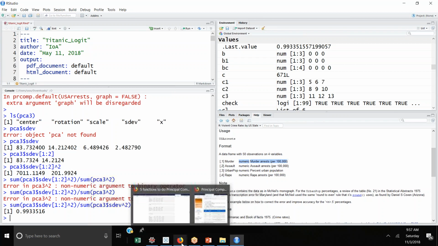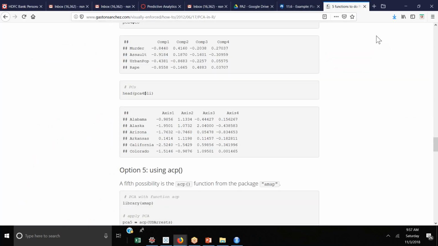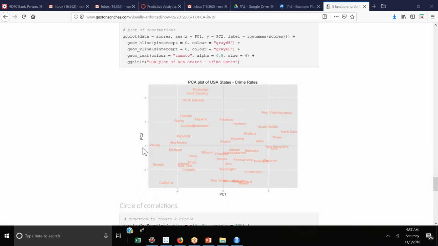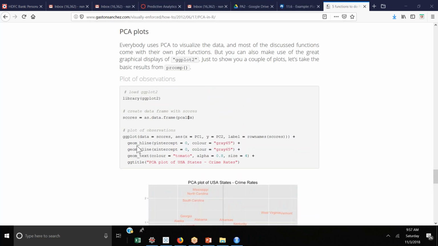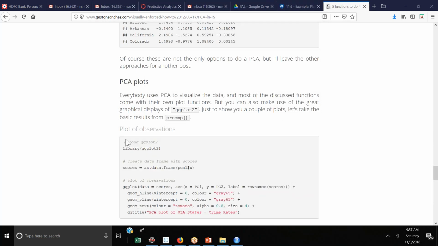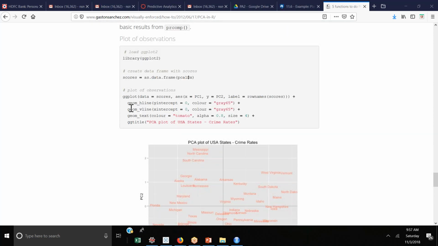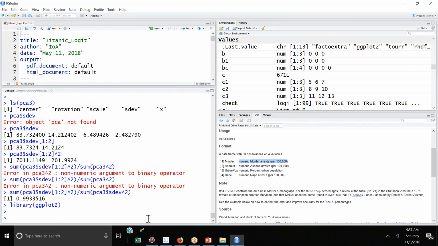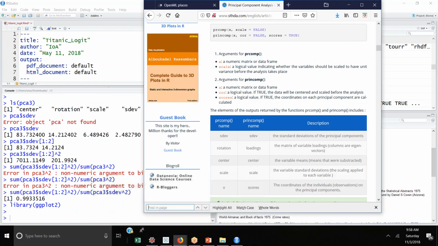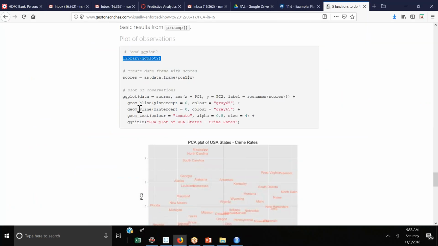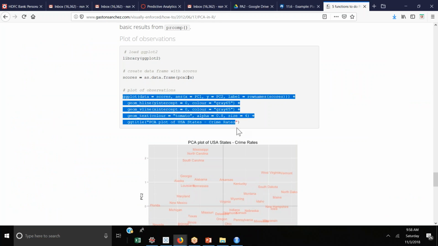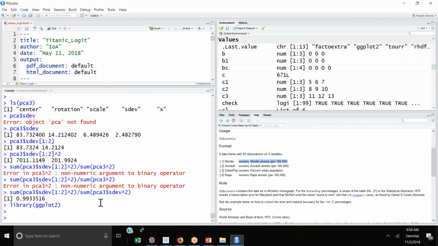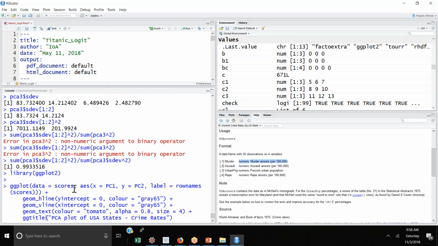Now I want to conclude this with a graph, because it's easy to do. For that, data put scores. Let's see whether this works. ggplot data is equal to scores.